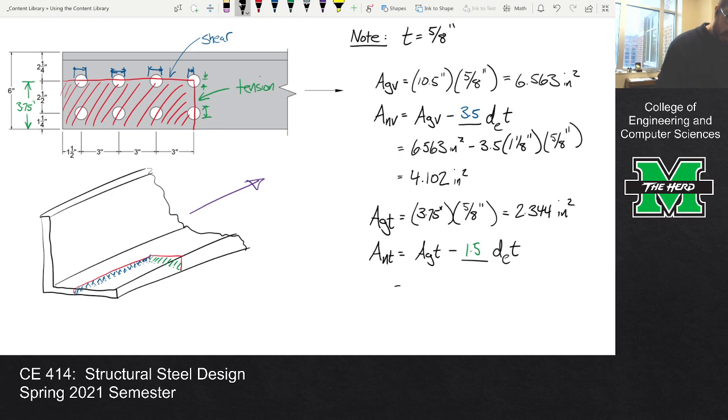So this is 2.344 square inches minus 1.5, 1 1/8, 5/8. All right, so what do we got here? We've got minus. All right.